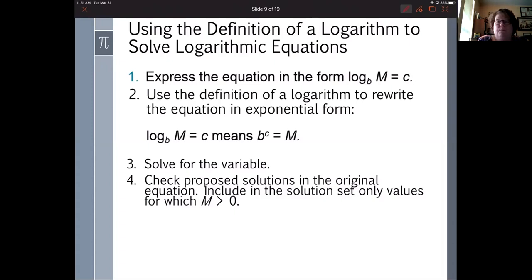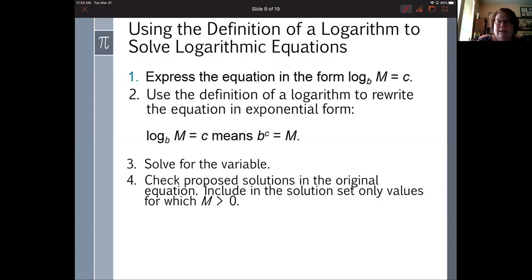All right, so how do we solve a logarithmic equation? First, express the equation in the form with the log isolated by itself on the left-hand side equal to a constant. So log base b of m is equal to c. Second, use the definition of a logarithm to rewrite the equation in exponential form.